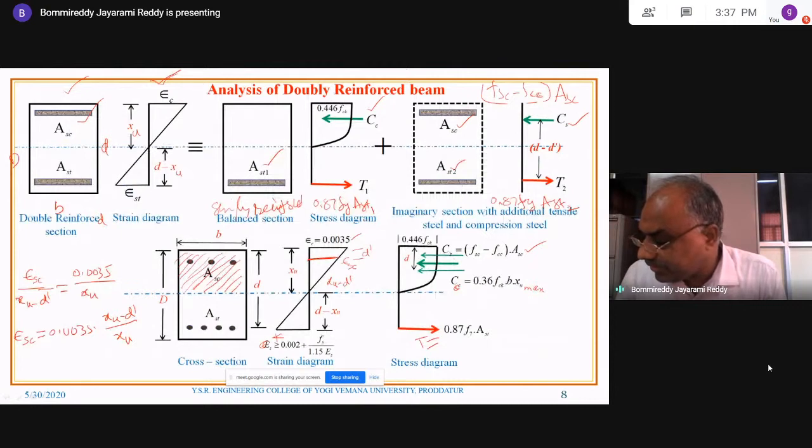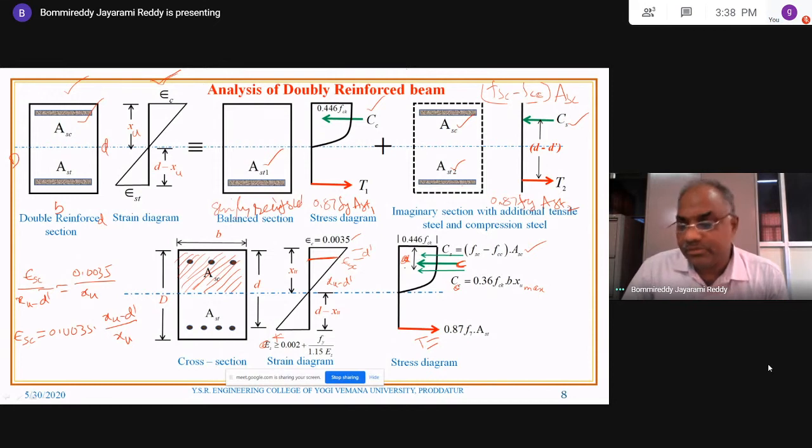You can look at it: the top one is CS, the bottom one is CC, and the middle arrow is C. From the middle arrow to the top, it is small a. Small a means the distance of the resultant compressive force from the top fiber. So this distance will be equal to D minus A. D minus A is the lever arm.